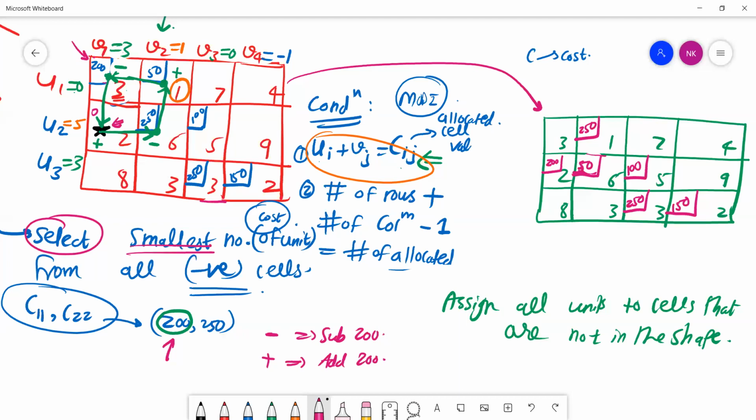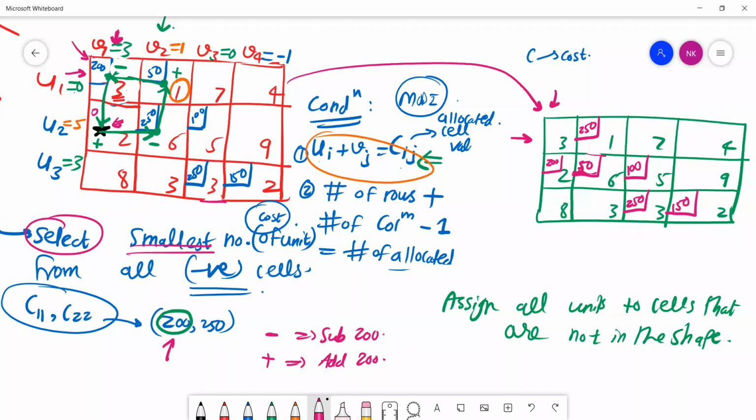Now, if you just sum the values in this particular column, the number of units were 200 only. 200 plus 0, it's 200 initially. The same thing over here, 200 plus 0 is 200. The same units have been there. If you sum the number of units in this particular row, it's 200 plus 50, 250. The same thing over here, 0 plus 250, it's 250.